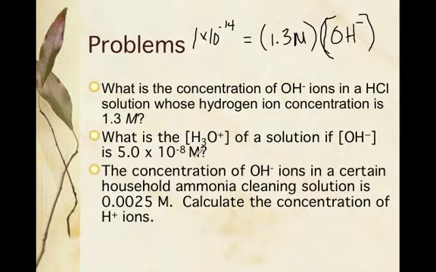So you would divide, and what do you get? You get a number, 7.69, rounded, times 10 to the negative 15.